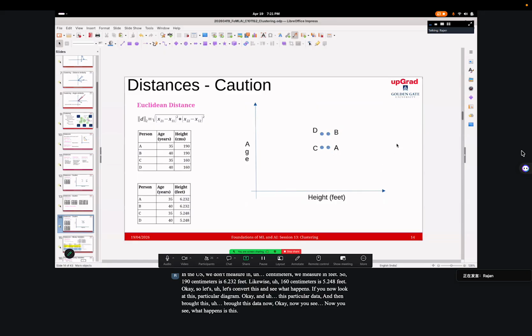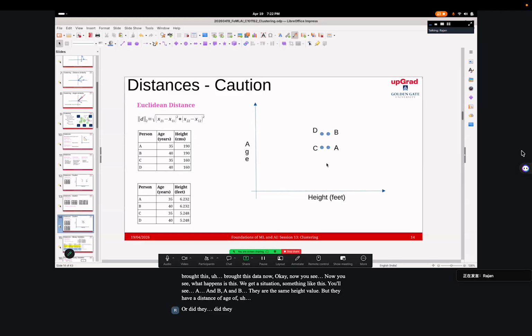We get a situation something like this. You see, A and B have the same height value, but they have a different age. Did I change this? Oh, I did a different thing.